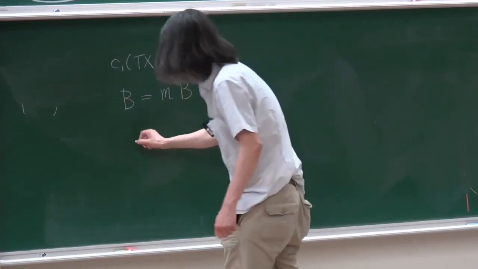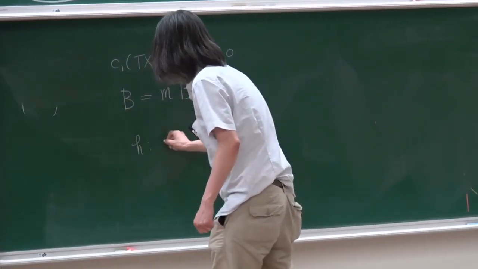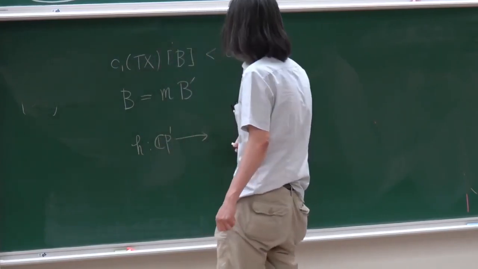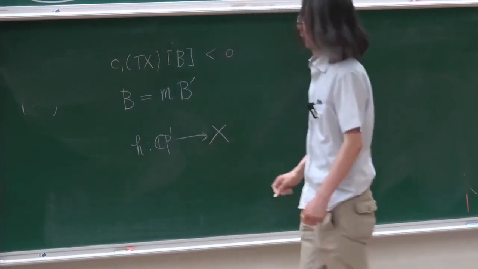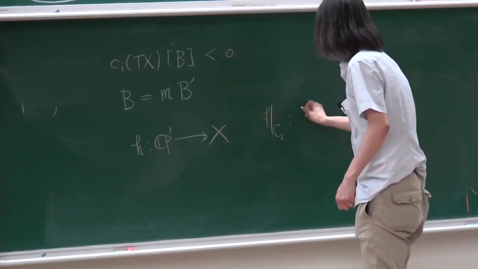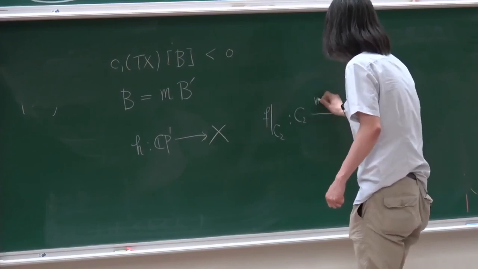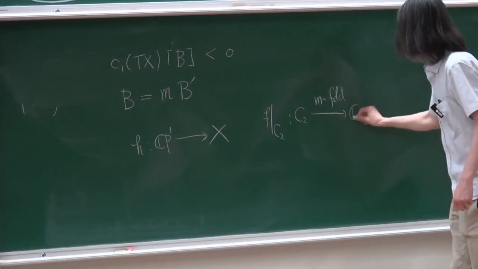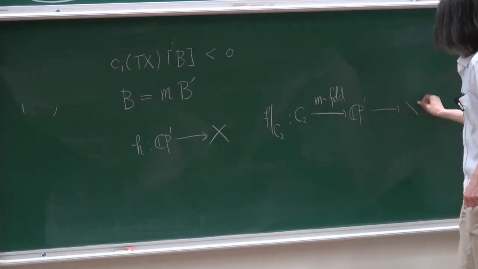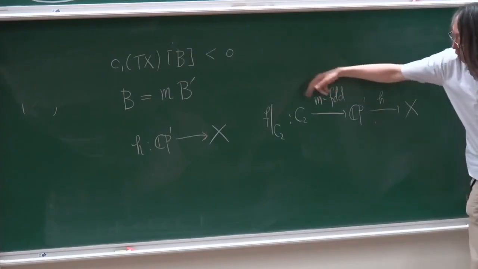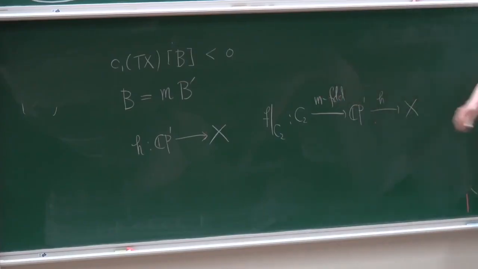So I have another map H from CP1 to X, so that F on the second component is a mapping like this. It factors through this m-fold branched cover and maps to X.